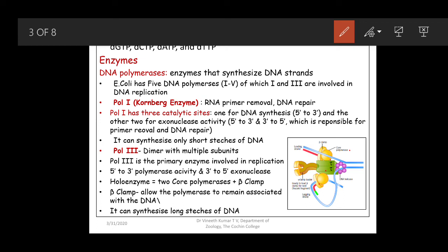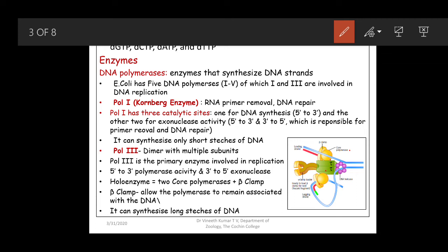That's why it is called a dimer. Pol 3 is the primary enzyme involved in replication. It has 5' to 3' polymerase activity, and it has only 3' to 5' exonuclease activity. It does not have 2 exonuclease activities as pol 1 does.